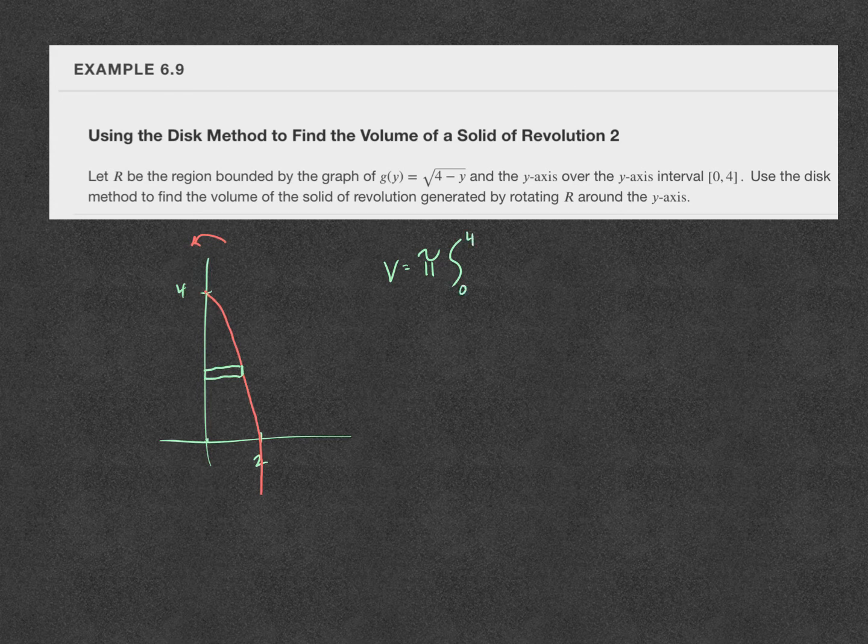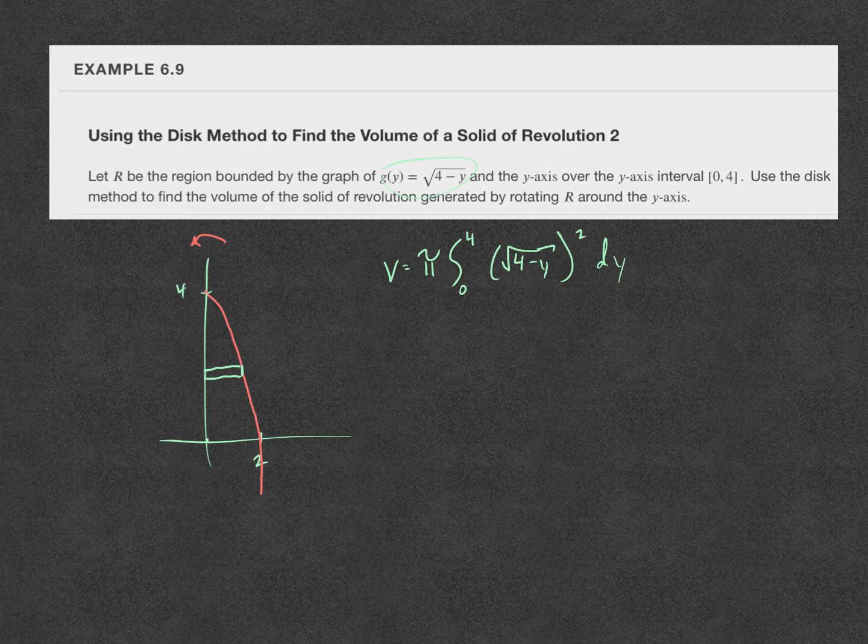And now it's g of y, so our function in terms of y, square root of 4 minus y, squared, dy. So if I had been given the function in terms of x, I wasn't, but if I had been, I would have needed to solve it for x. So it would be writing x in terms of y instead of the other way around. But we were lucky. This one, they already gave it solved for x.